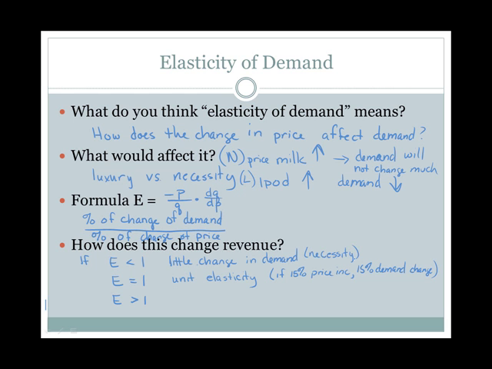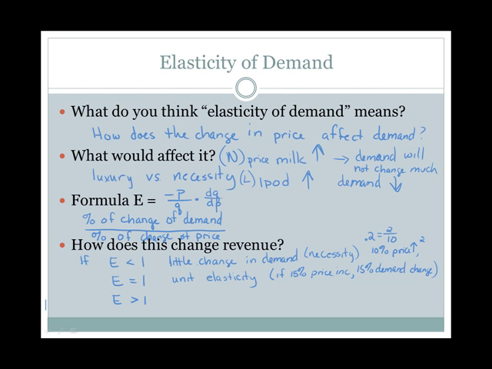For example, if my elasticity was 0.2, let's write that as a fraction, 2/10. What that would say is if you had a 10% price increase, you would only have a 2% drop in demand.